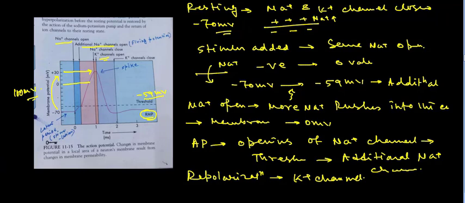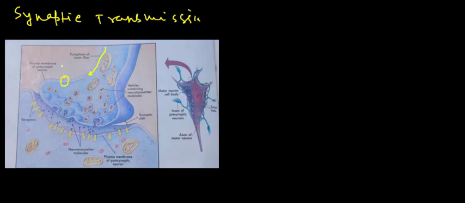And here is the diagram of synaptic transmission. When the action potential moves along the axon and reaches the synaptic nerve terminal, the voltage-gated calcium channel will be opened, and this causes the movement of calcium ions into the synaptic nerve.